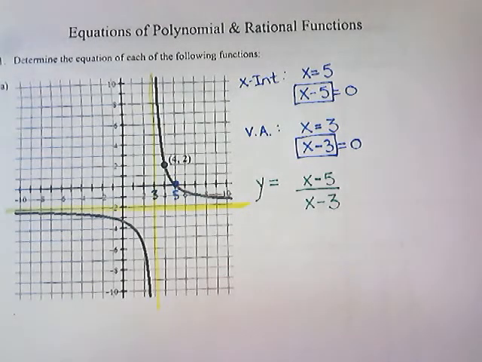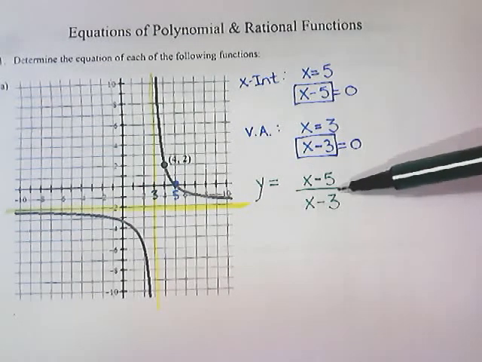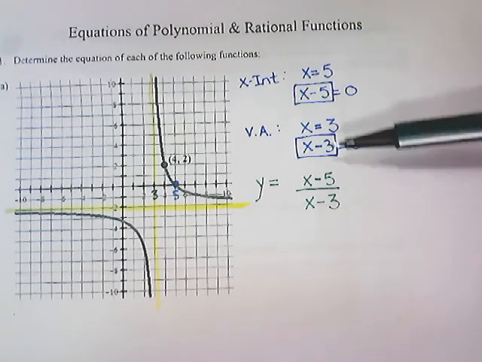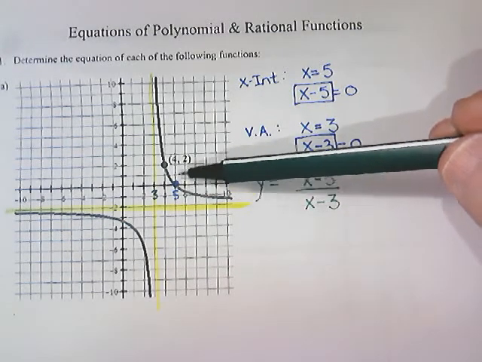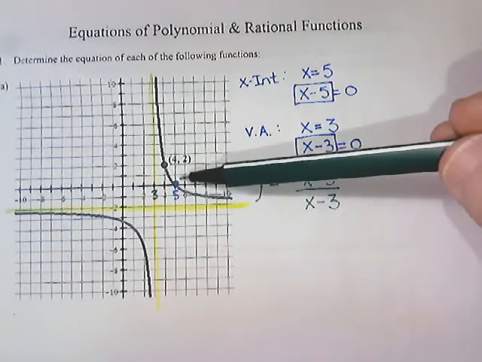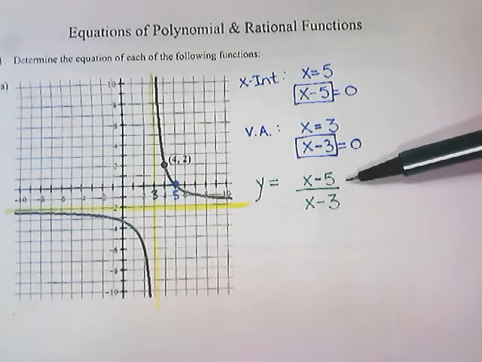Now, I would take a moment to think about whether there's an exponent on either one of those brackets. If there was an exponent on the numerator, the x minus 5, that intercept would either be a critical point, if it was an even degree exponent, or a really noticeable inflection point. I don't see either of those, so I don't think there's an exponent on that bracket.